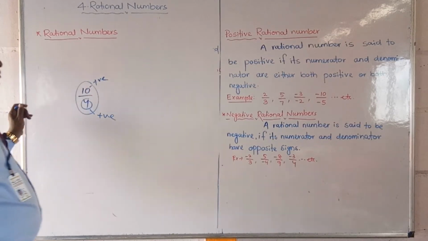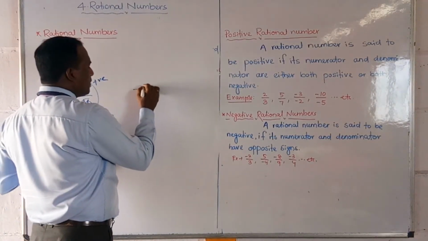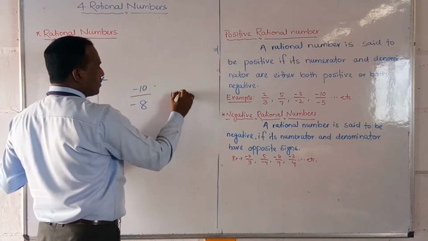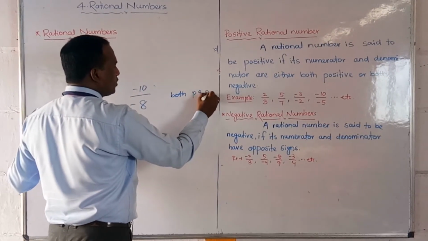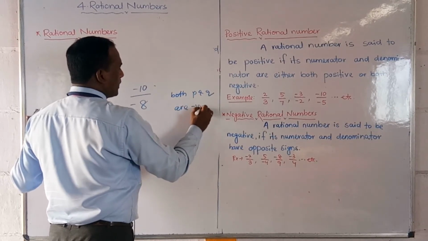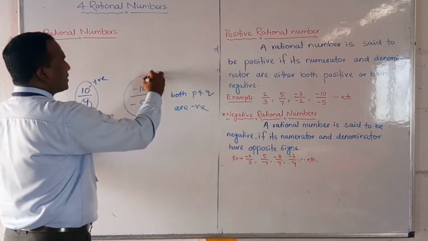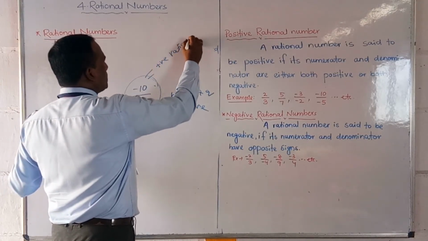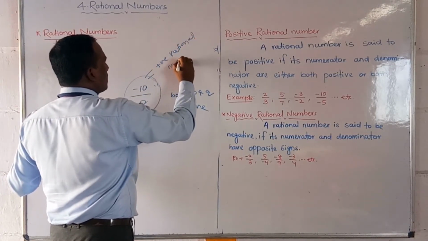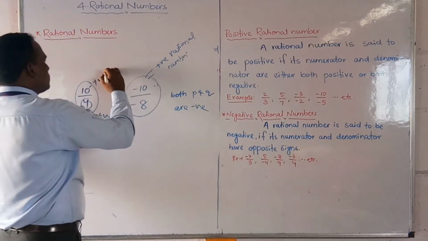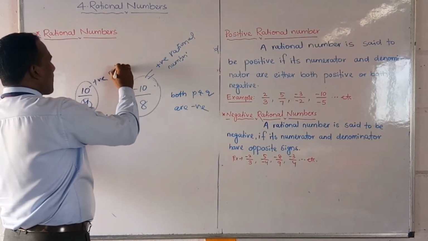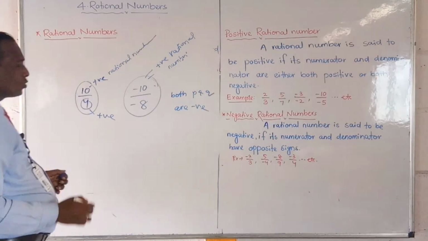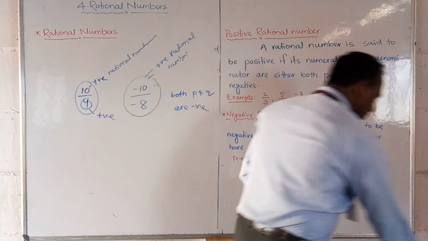Both p and q are positive. Suppose I write minus 10 by minus 8. Both p and q are negative, hence this is also called a positive rational number. Did you understand?